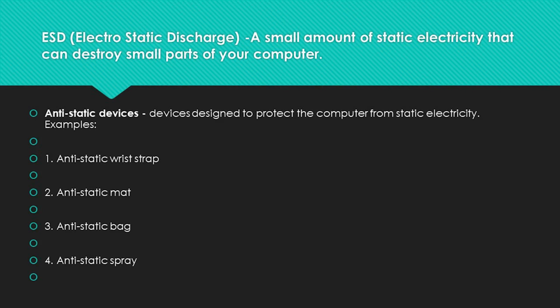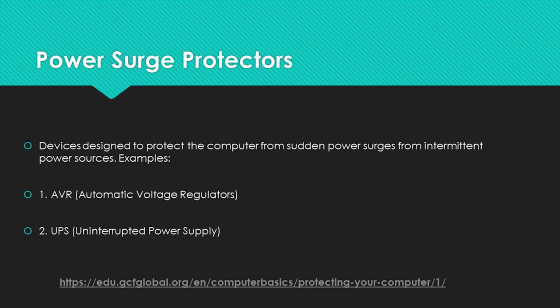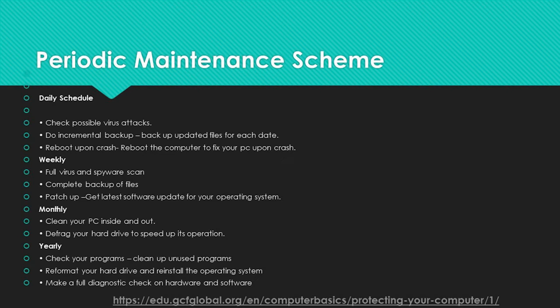Examples of anti-static devices are the anti-static wrist strap, the anti-static mat, the anti-static bag, and the anti-static spray. We have the term power surge protectors. These are devices designed to protect the computer from sudden power surges from an intermittent power source. Examples of this are the AVR, or automatic voltage regulator, and the UPS.